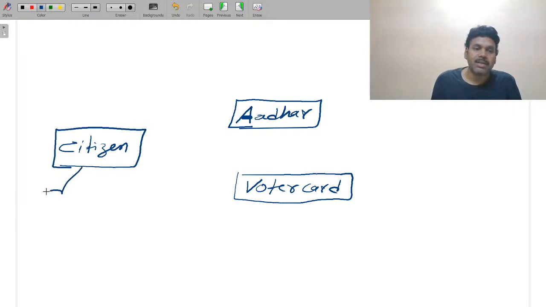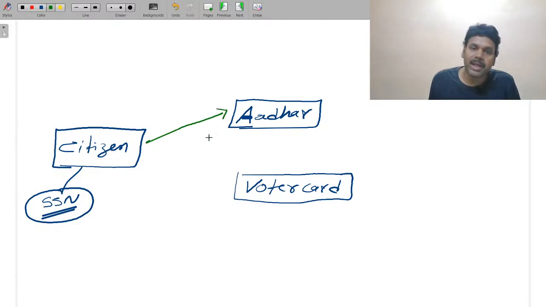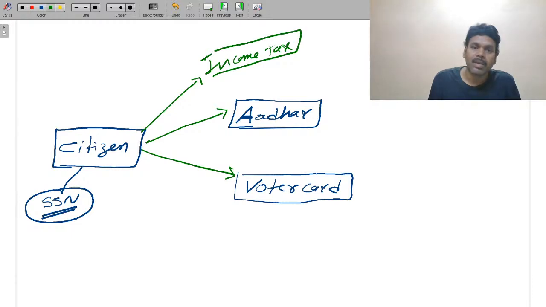We will be given one social security number, SSN. Real time I am talking about. To this database, all the remaining databases will be linked up: voter card, PAN card, PAN database, I am talking about the income tax database. So many kinds of databases are linked to this, even your bank too.